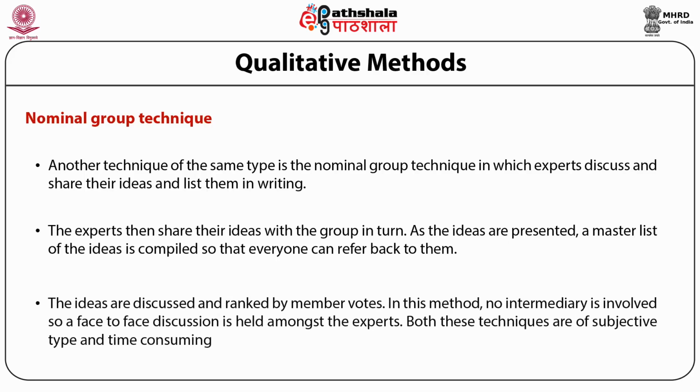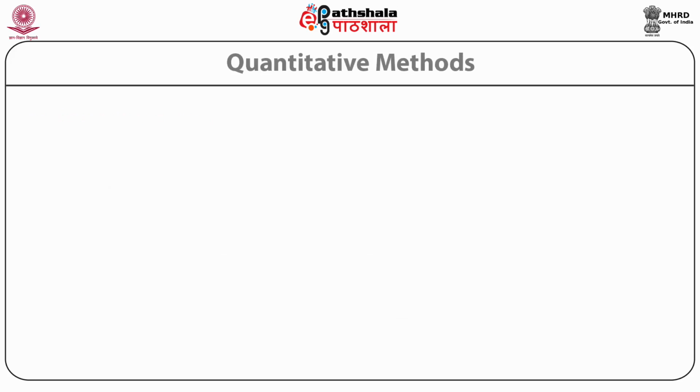The ideas are discussed and ranked by member votes. In this method, no intermediary is involved, so a face-to-face discussion is held amongst the experts. Both these techniques are of subjective type and time-consuming.